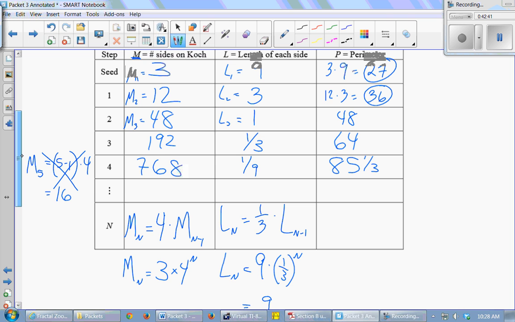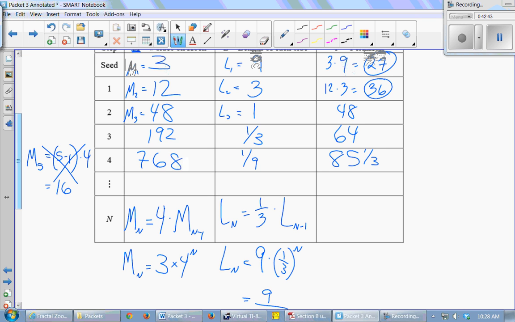All right, so for the perimeter, we're looking at the number of sides times the length of each side, right? So to get the number of sides, you multiply by 4, and to get the length of each side, you multiply by a third. So 4 times a third, what is that? 4 times 3 is 12. What's 4 times a third? 4/3. Yeah. So let's look at the number 4/3, right?